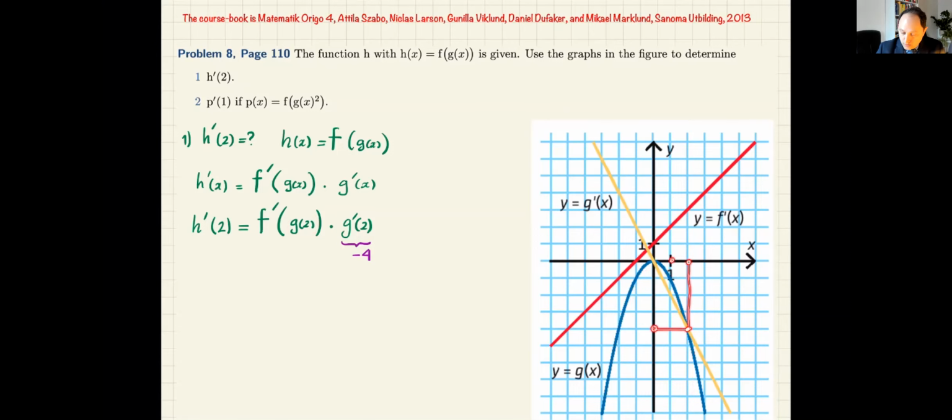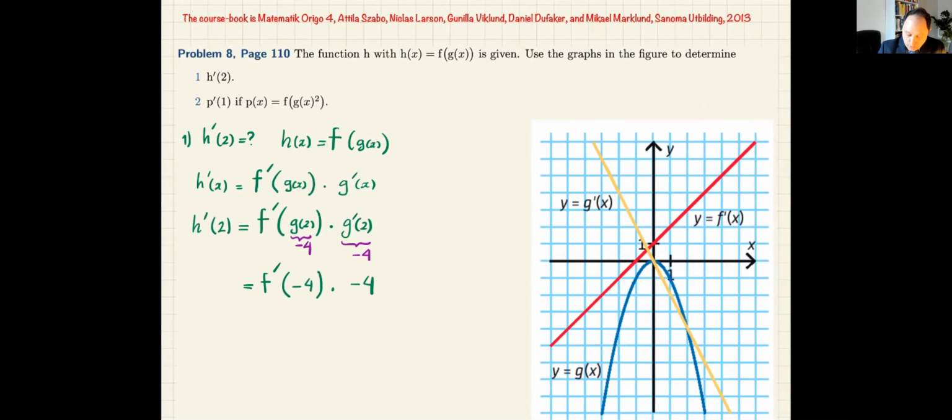If I read this one, it is -4. So the number inside is -4 again here. There is no difference between these two values. But let me continue now. So this becomes equal to f prime. Instead of g of 2, I put -4, and then multiplied by g prime of 2, which was -4.